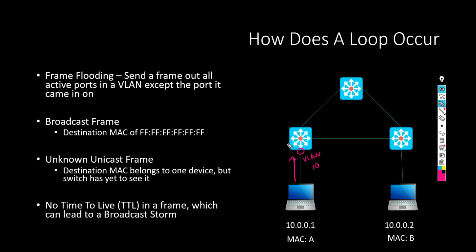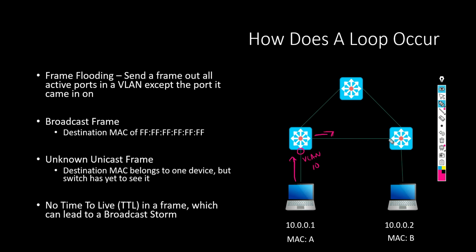So any access port that's in VLAN 10, any trunk port that's tagged for 10. These links between the switches, let's say they're trunk ports carrying VLAN 10 traffic. When the switch has determined that this frame needs to be flooded, he sends it here and he sends it here. Okay, now to keep it simple, let's only focus on the frame that goes in this direction.